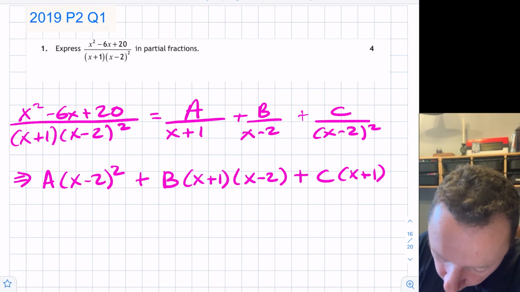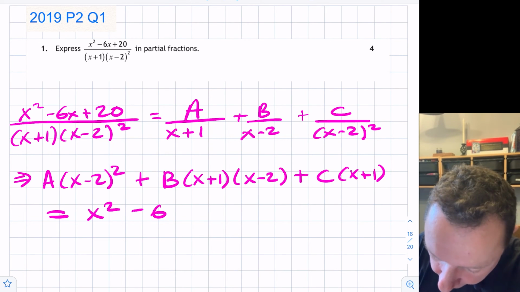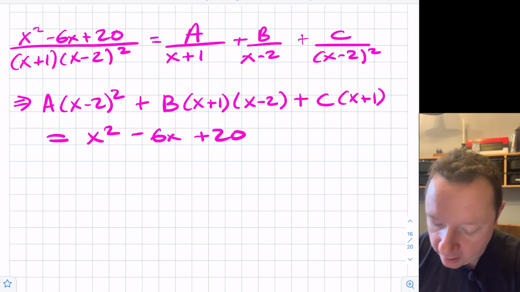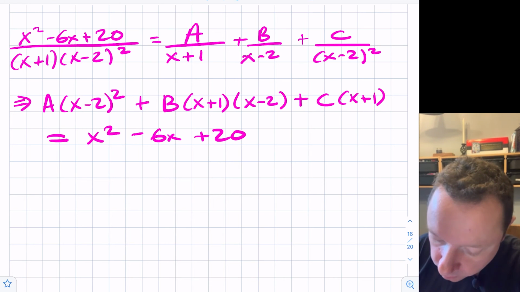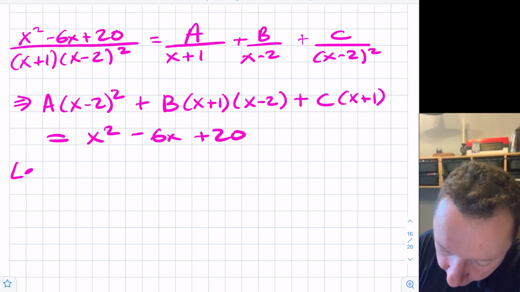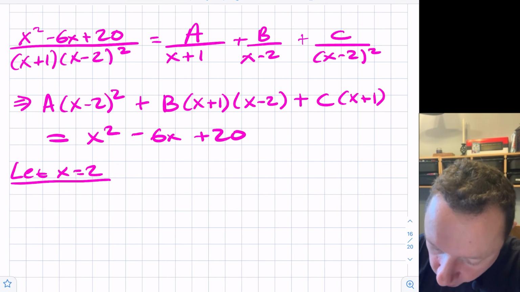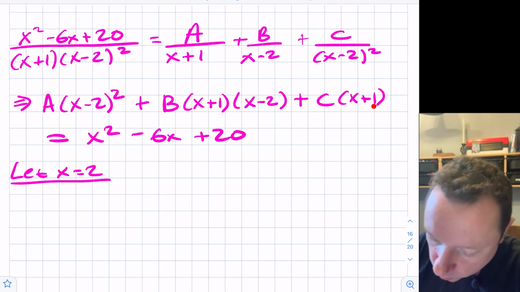That equals our left-hand side numerator, which is x squared minus 6x plus 20. So then we just need to pick our values for x. So let's just pick 2 to start with. Let x equal to 2. That eliminates the first one and the second one, leaving 2 plus 1 is 3.